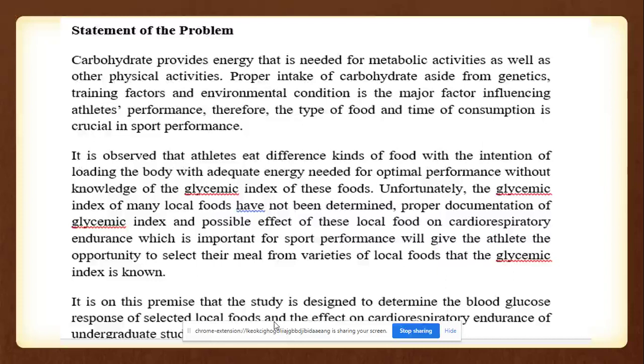And you will see that in the second paragraph, the researcher actually mentioned this. He mentioned the problem, the reason why they have to do the project. He mentioned that it is observed that athletes eat different kinds of food without knowing the glycemic index of the food and how it can affect their performance. That is the problem that he has foreseen.